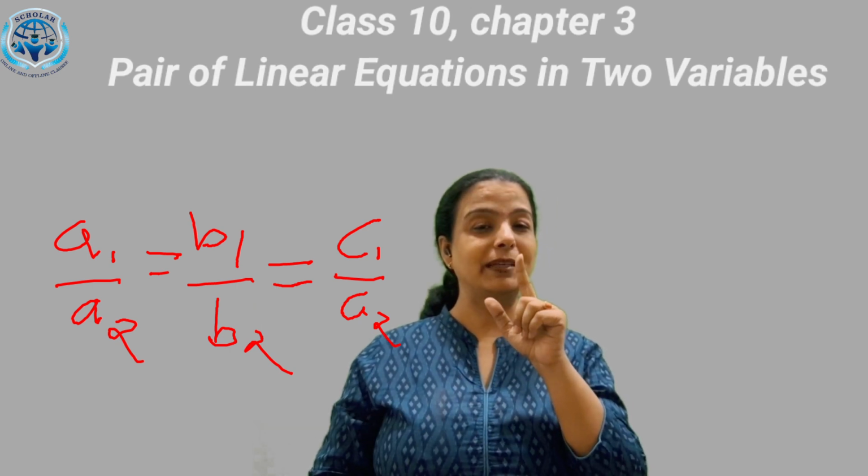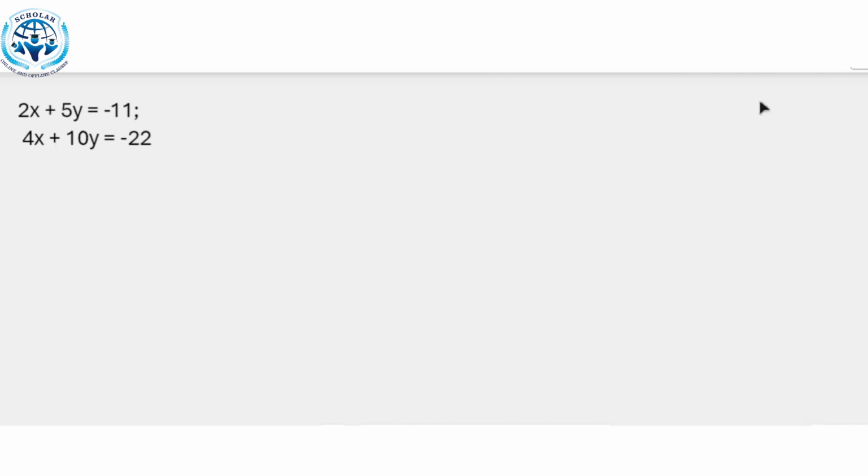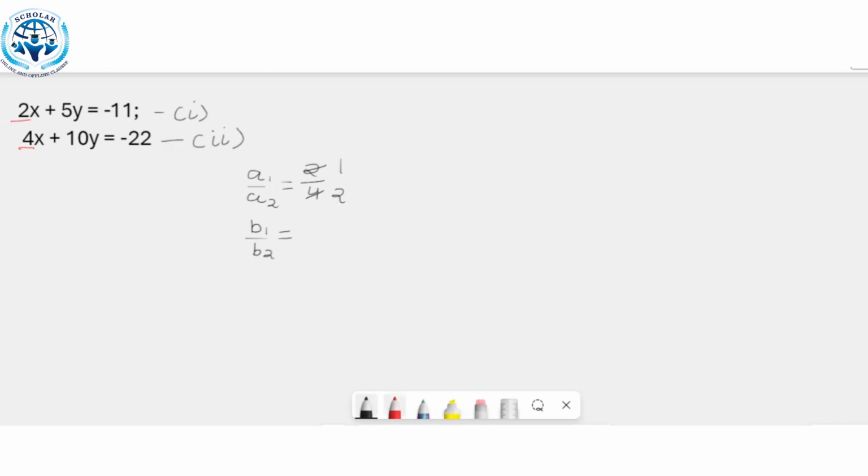Now I am giving you some examples. The two equations given are 2x plus 5y is equal to minus 11 and 4x plus 10y is equal to minus 22. This is a pair of linear equations in two variables. You can just change these into standard form, or you can directly write a1 upon a2. The value of a1 is 2 in the first equation and a2 is 4 in the second equation.